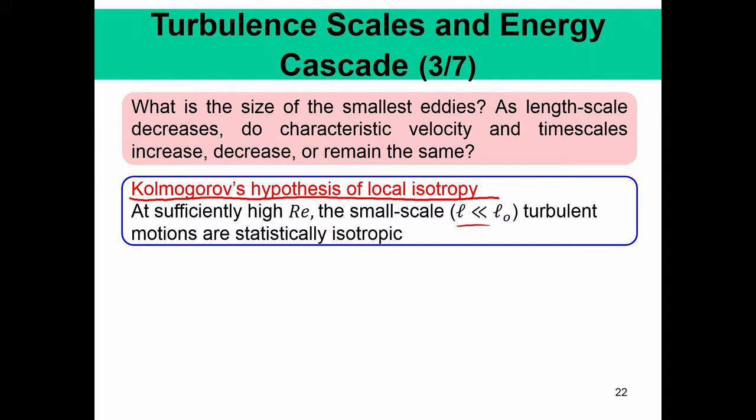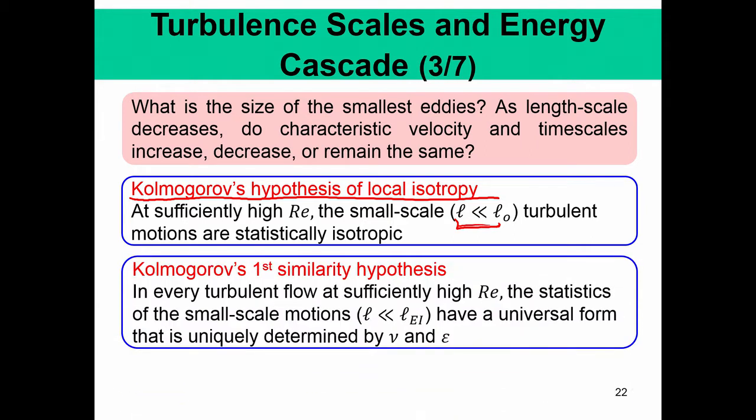But the scale has to be much smaller than the energy containing scales. So, that is important. Using this we can go to Kolmogorov's first similarity hypothesis, and he says that in every turbulent flow at sufficiently high Reynolds number the statistics of the small scale motion, this word is very important, have a universal form that is uniquely determined by the kinematic viscosity and the turbulent kinetic energy dissipation rate.